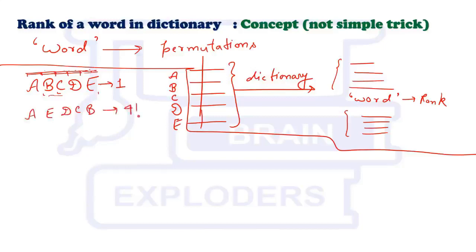Because we have written all the permutations, and after this we have to increase the value of A, otherwise next will not be possible. So we will follow this strategy: until all the letters to the right are in descending order, we will not change the value of any particular place.